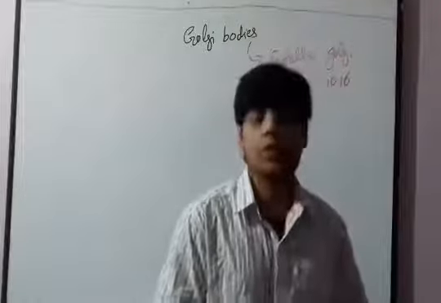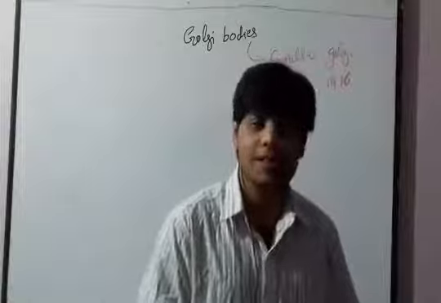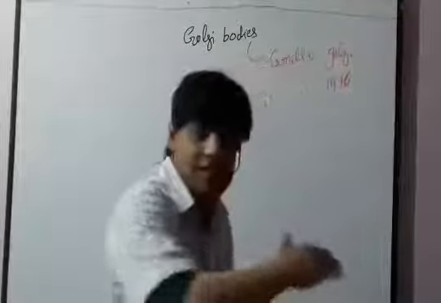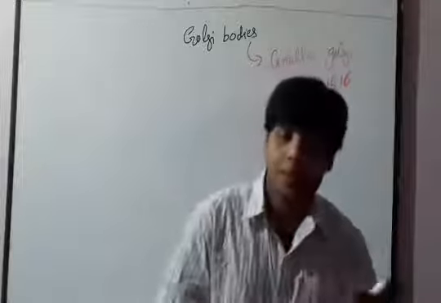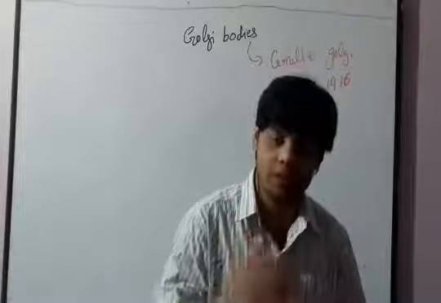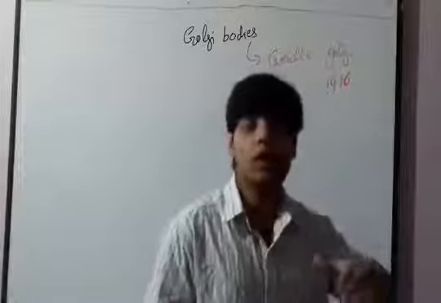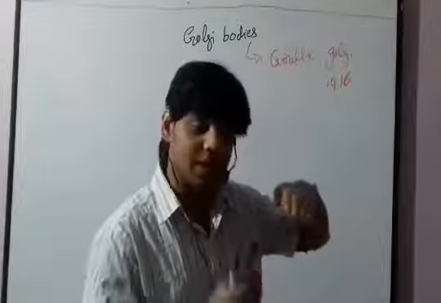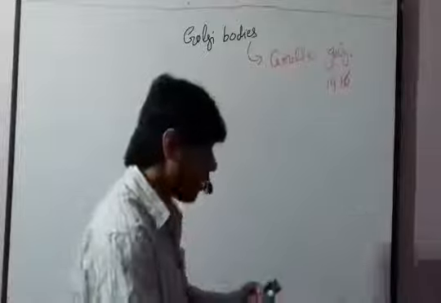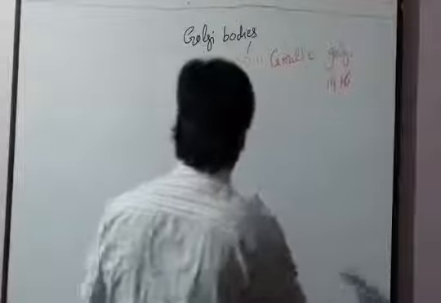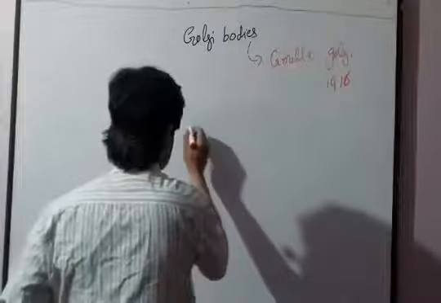If we see the structure of the Golgi body, it consists of a plate-like, sac-like structure. This plated sac-like structure we call cisternae, and each cisterna will be stacked, meaning each cisterna will be present one above the other. So how will these cisternae look? Let me draw the structure.